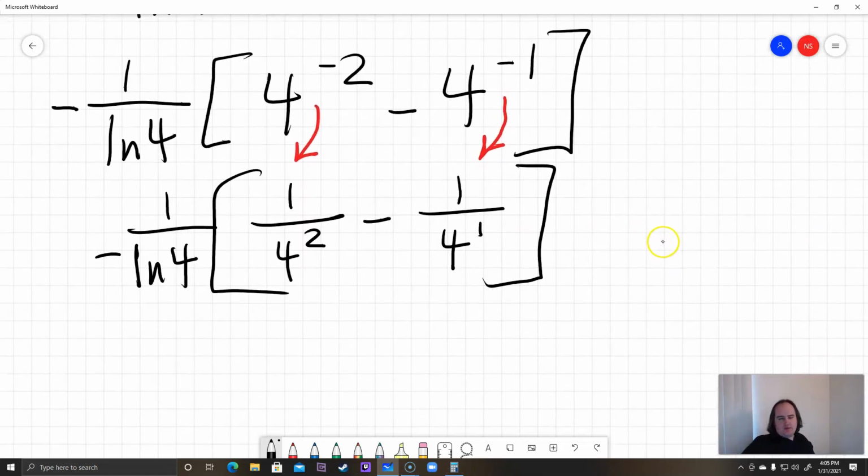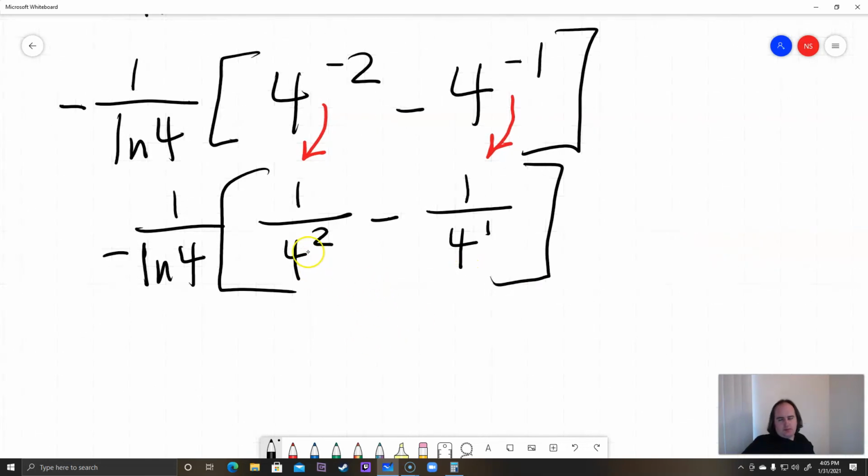Okay, and then what can we do from here? Well, realize that 4 squared and 4 to the 1 need to have the same denominator, so we need to build these to the same denominator. So I'm going to multiply this second fraction by 4 on the top and the bottom. Or you can just go ahead and square it out. Remember that 4 squared is actually 16.